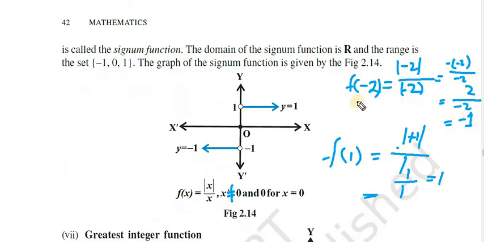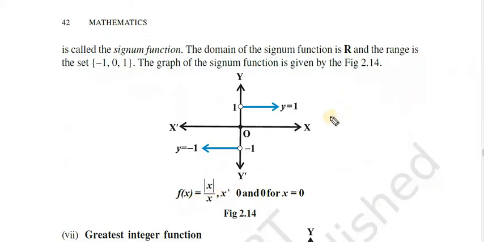We know that x equal to minus 2 is less than 0, so from the earlier definition also, f(minus 2) should be minus 1. By this definition also, f(minus 2) is minus 1.